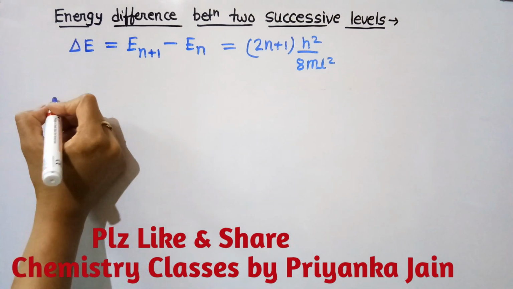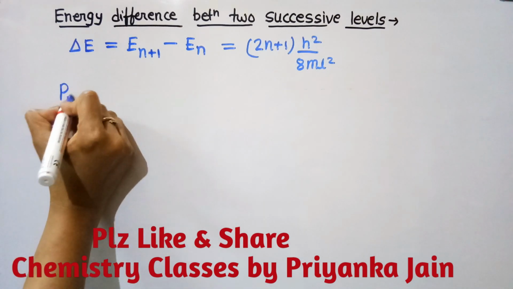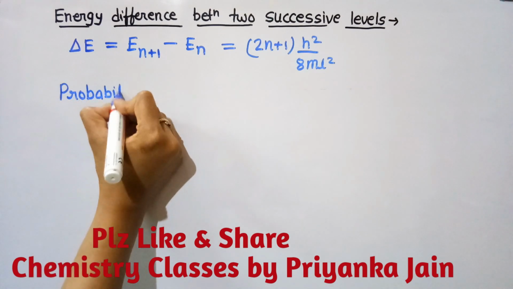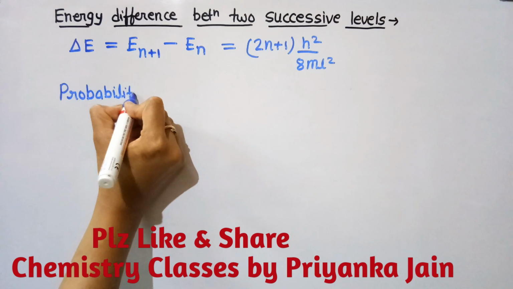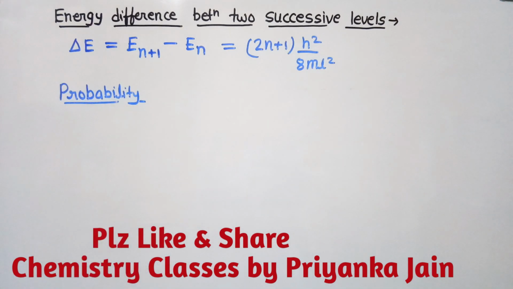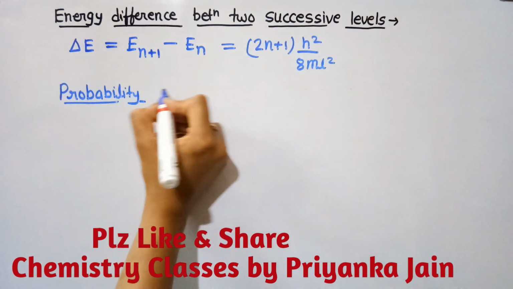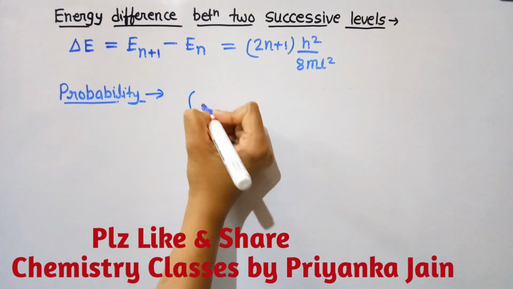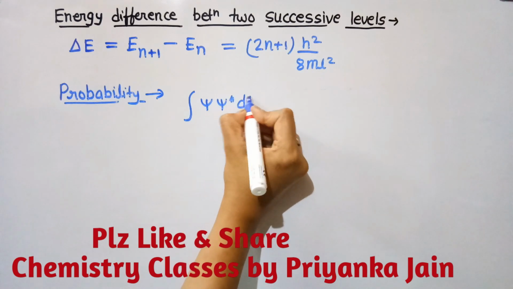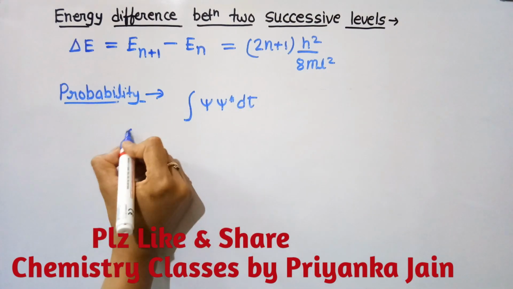Okay. Next thing that we have to find out is the probability. Another question that may be asked to you is the probability. We know the formula for it: integration of psi star psi dx. So we can write just the formulas.